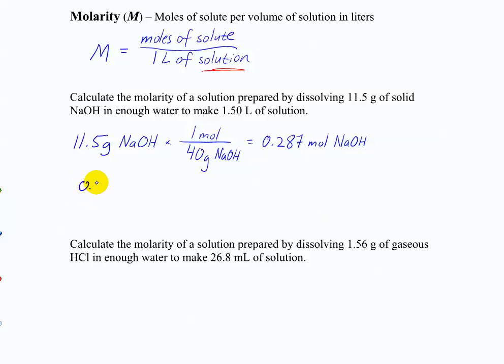Right, so we take our 0.287 moles NaOH, divide by 1.50 liters of solution, and you end up with 0.192, what? So we would say that the concentration of this solution is 0.192 molar. And it's expressed with a big M. 0.192 molar.